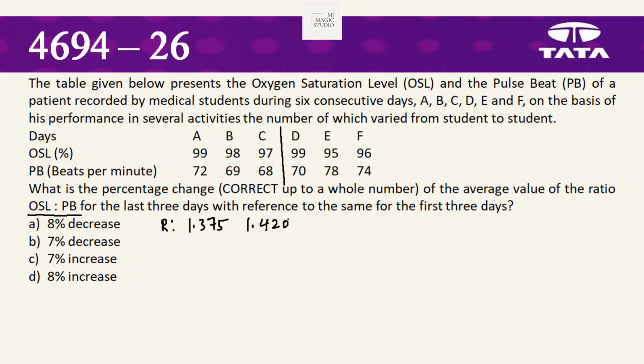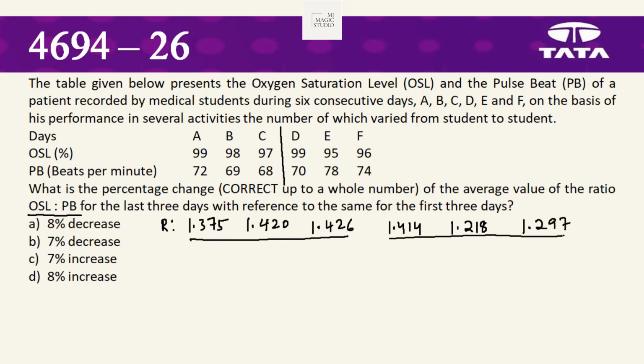Then 97 divided by 68, 1.426. 99 by 70 will give 1.414. 95 by 78, 1.218, and 96 by 74 will give 1.297.